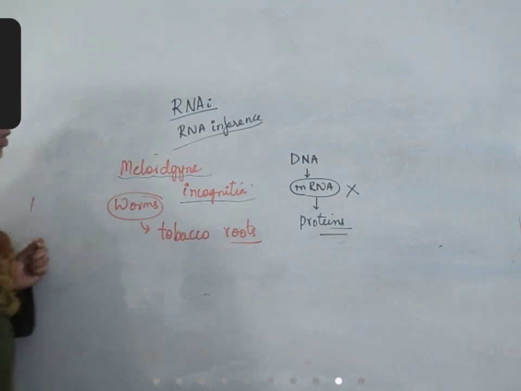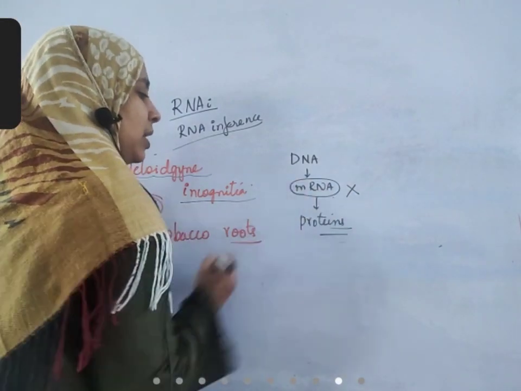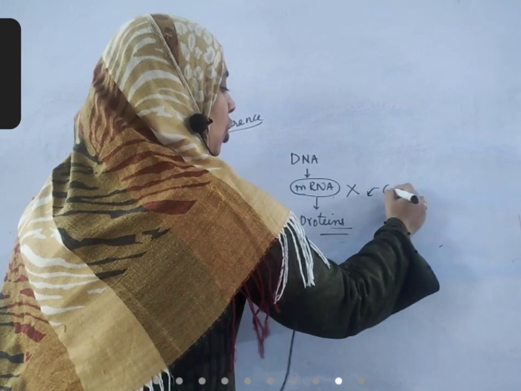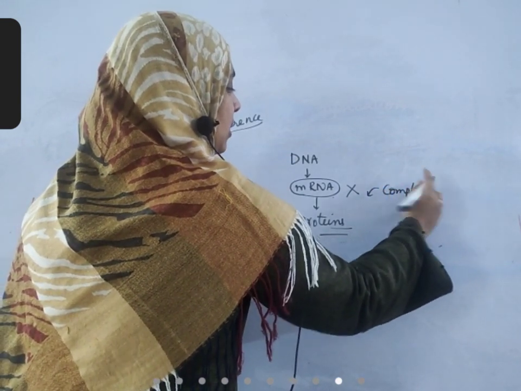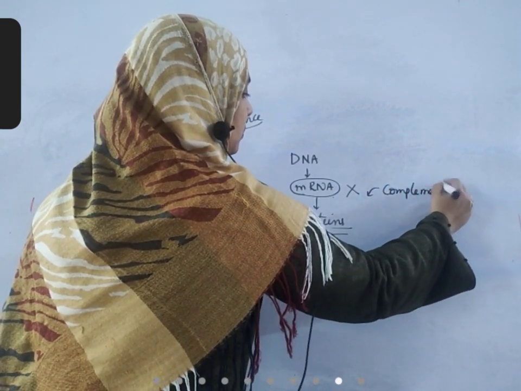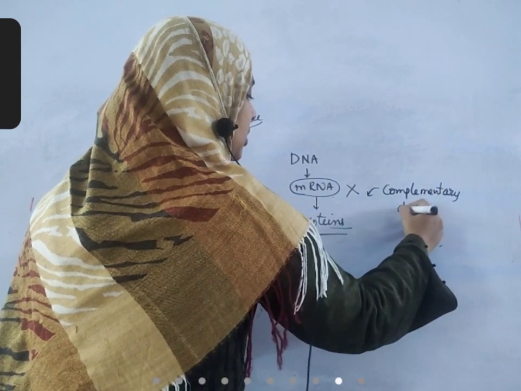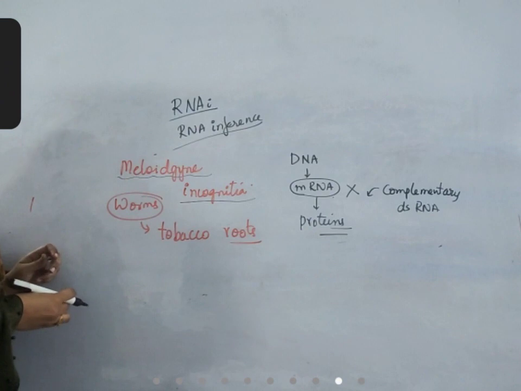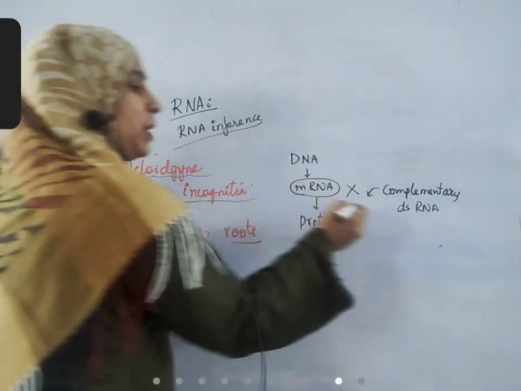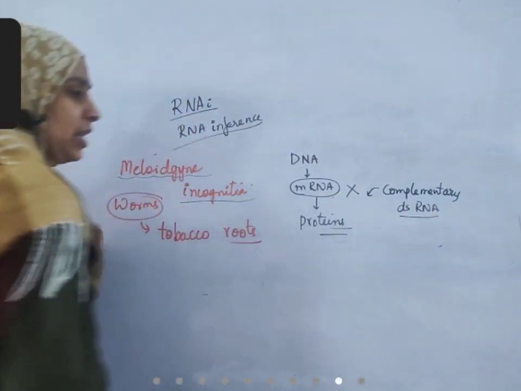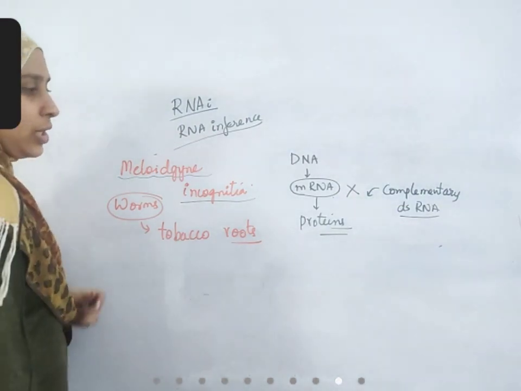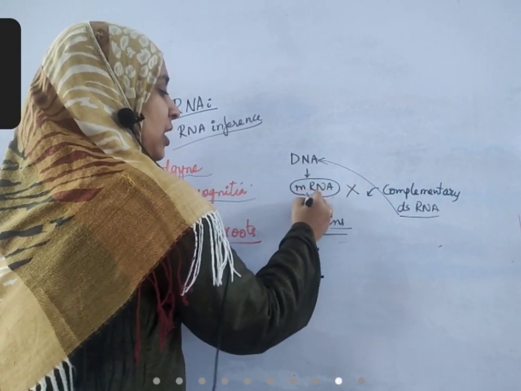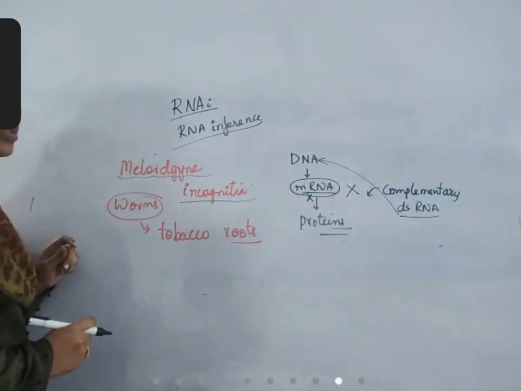Okay, how is that interference done? For mRNA, a complementary RNA is produced. Double-stranded RNA is introduced into these organisms. Okay? When this complementary double-stranded RNA is introduced into the organisms, it will directly bind and does not allow the mRNA to synthesize.